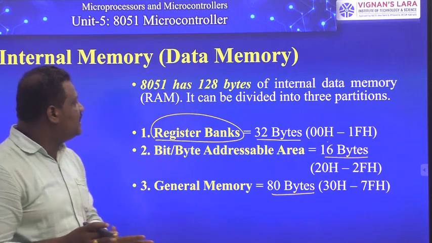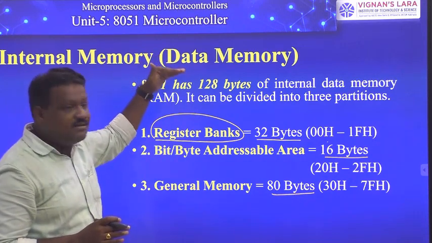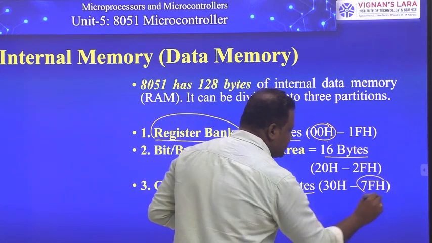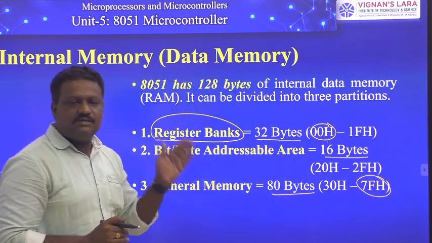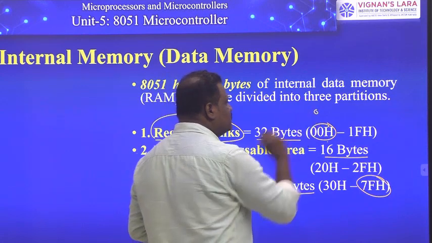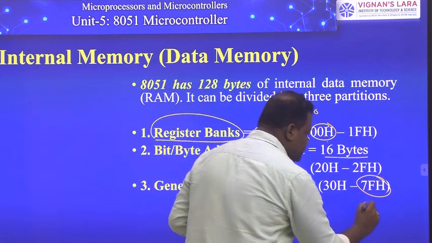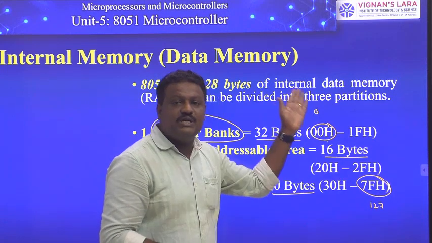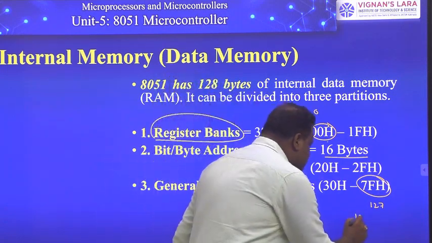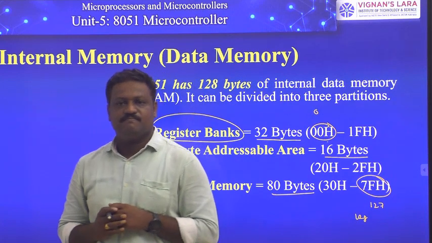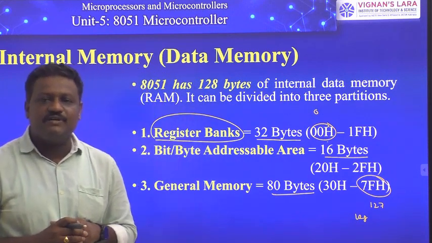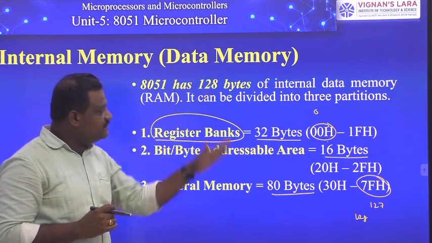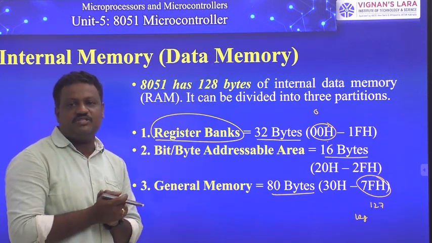That means totally our internal RAM addresses are from 00H to 7FH. 00H is equivalent to decimal value 0 and 7FH is equivalent to 127. The range is from 0 to 127. Total is 128. So our internal data memory RAM is divided into these three partitions.